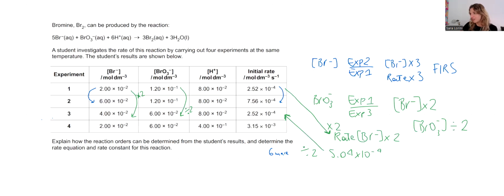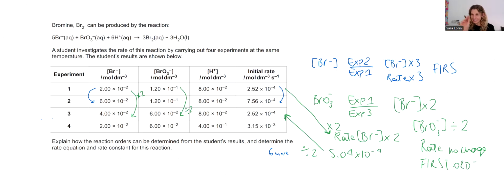So I'm going to write it this way, that the rate overall doesn't change. It means that it's first order, because it's times by 2 because of the bromide and divided by 2 because of the bromate. That's why it's first order, but it's complicated if you don't do this calculation of the table for yourself. So it's going to be first order.